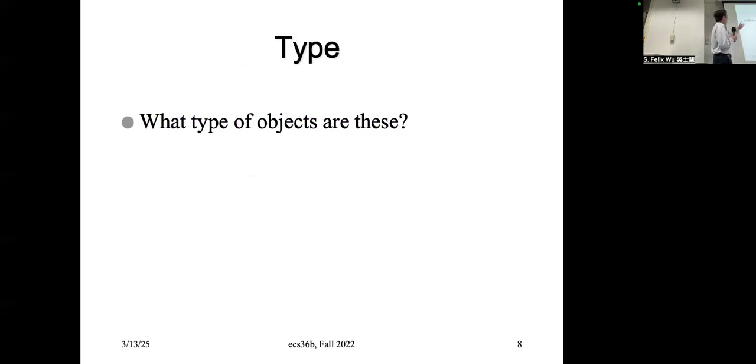Sometimes we want to ask this question: what type of object are those? You're given a bunch of stuff, and you want to know how to describe those objects very easily.